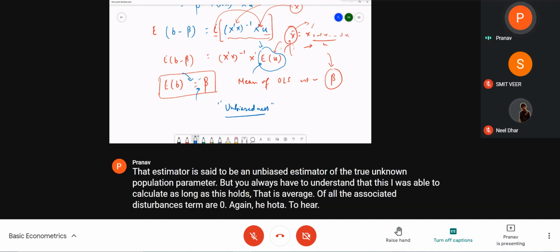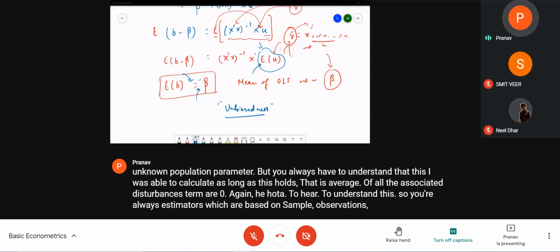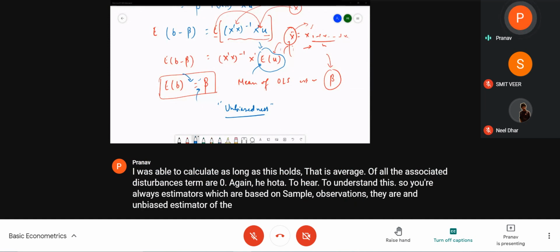You have to understand this. So your OLS estimators, which are based on sample observations, are an unbiased estimator of the true and unknown population parameter.